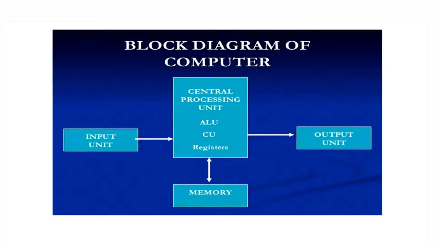After this discussion of hardware and software, let's move on to the next slide. This slide shows the block diagram of a computer. It is the basic functioning of a computer. How does a computer work? Every computer consists of an input unit, a central processing unit, an output unit and memory of course.